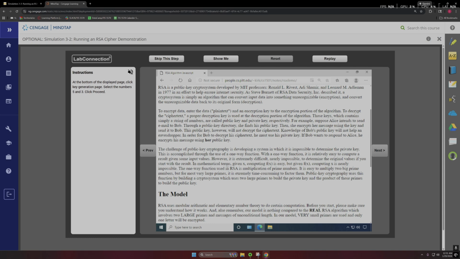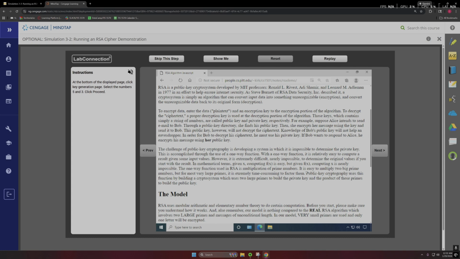In mathematical terms, given x, computing f(x) is easy, but given f(x), computing x is nearly impossible. Okay. The one-way function is used in RSA.